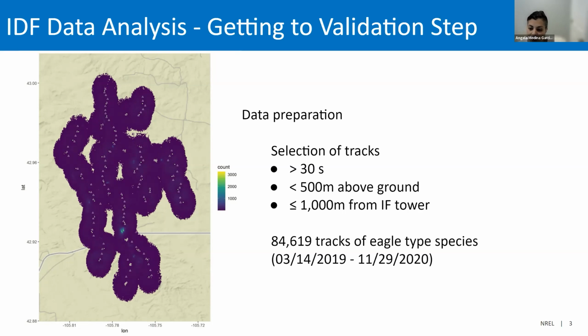And also tracks that were less than 1,000 meters from the IdentiFlight tower, because this is how far these towers can accurately track eagles. And this filtering resulted in 84,619 tracks of eagle type species from March 14th, 2019 through November 29th, 2020.